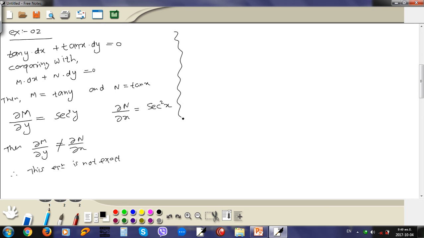However, I am going to rearrange this equation. The original equation is this one.